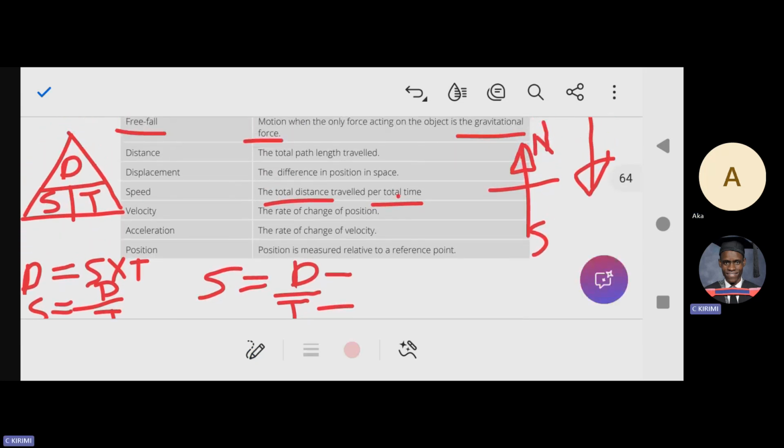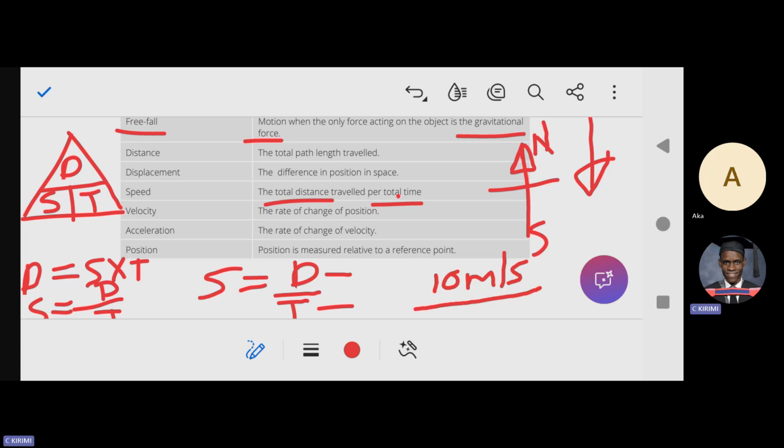Then for speed, we said it's a scalar. For example, you can write 10 meters per second, but you do not write the direction, whether it's to the left or to the right, or upwards or downwards. So whenever they say calculate the speed, they only want the magnitude.